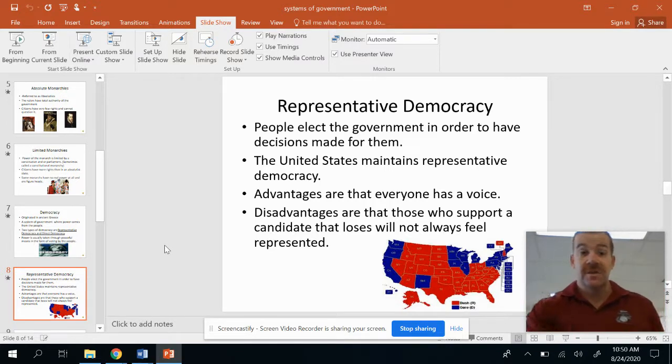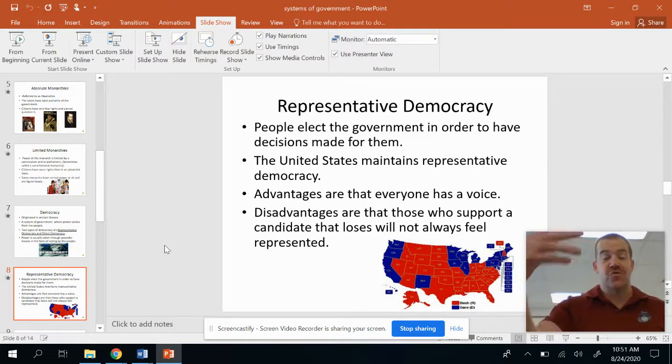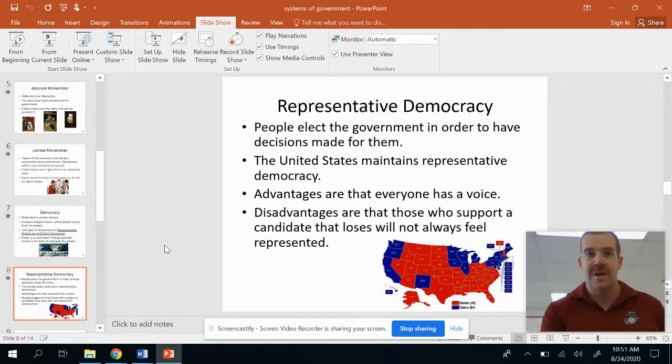For instance, in North Carolina, we have two senators who are our representatives, who are supposed to portray our feelings on issues. If most North Carolinians want to lower taxes, and then that representative votes to raise taxes, then he's not properly representing the feeling of the voters in North Carolina.